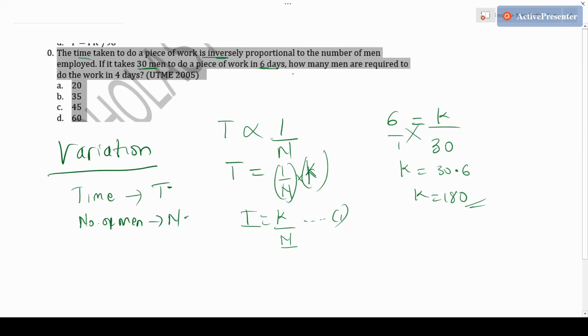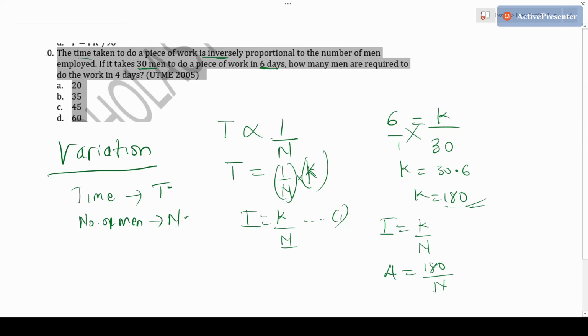Now they are asking how many men are required to do the work in 4 days. Since we have t is equal to k all over n, let's replace this t with 4 and this k with 180, then we have over n.